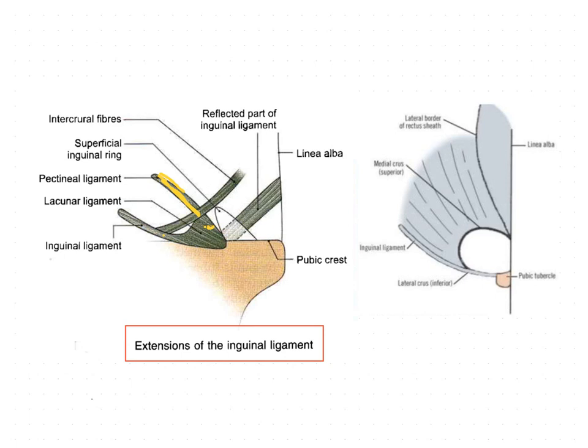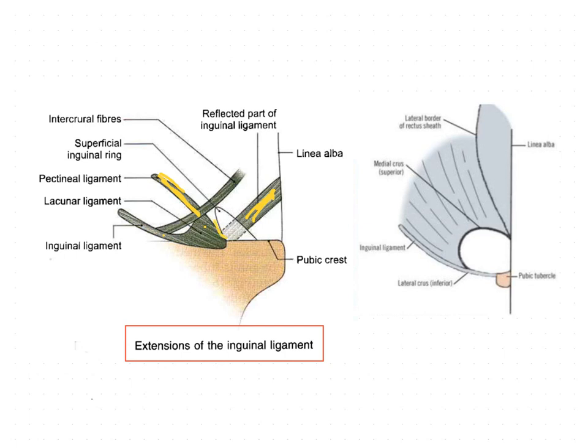The next extension of the inguinal ligament is the reflected part of the inguinal ligament. Here you can see the reflected part. It consists of fibers that pass upwards and medially from the lateral crest of the superficial inguinal ring.